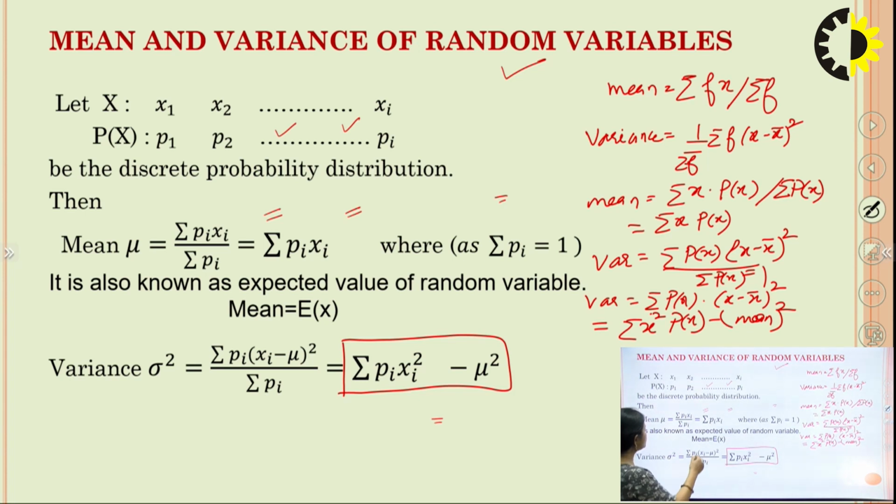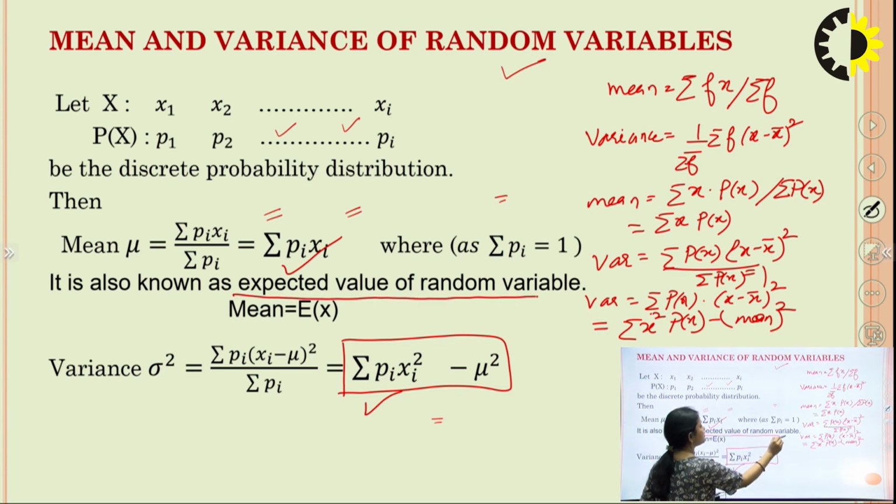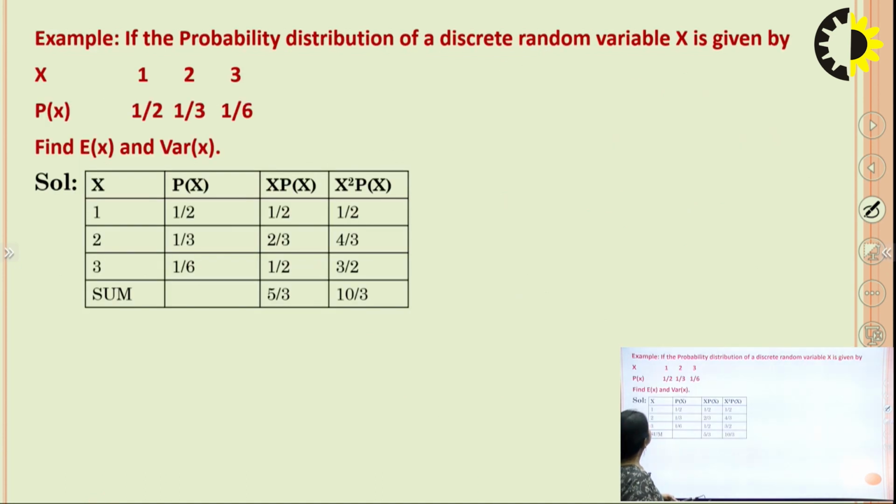So these are the two formulas, one for mean and one for variance. In the case of a probability distribution, mean is also known as the expected value of the random variable. So if we want to find the expected value of a random variable, we just find the mean.